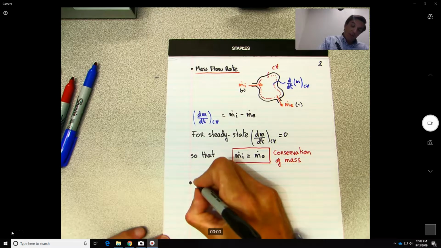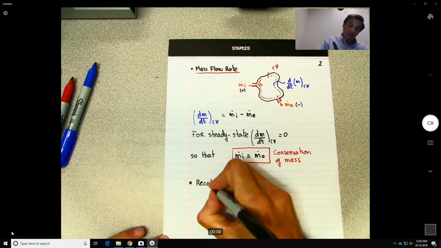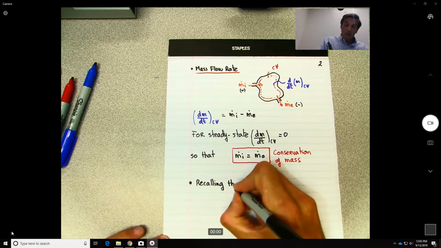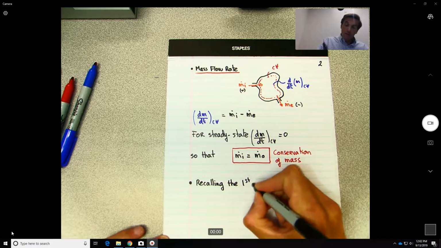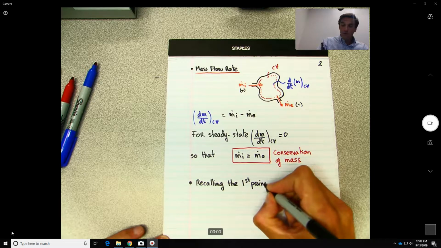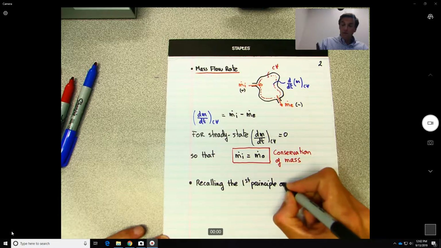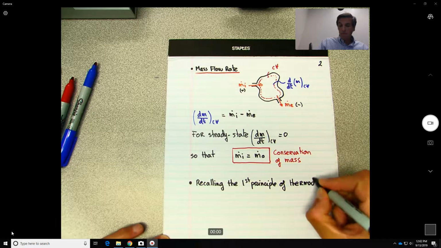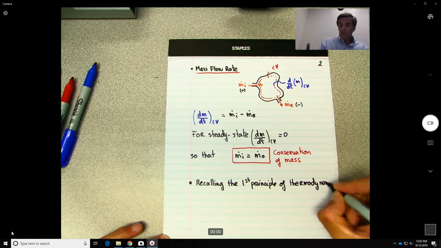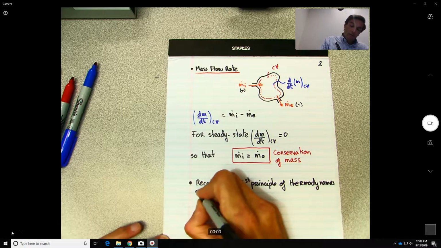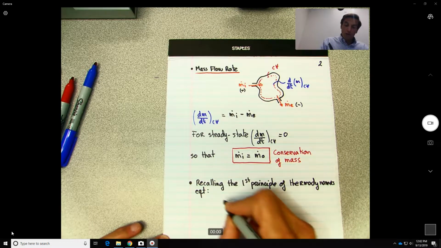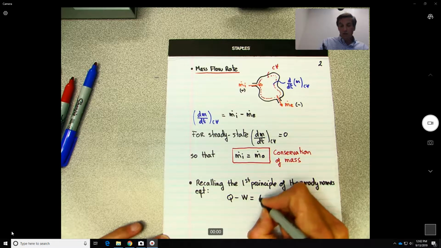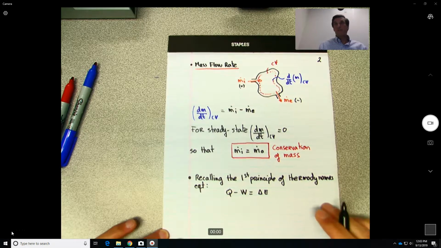So recalling the first principle of thermodynamics equation, what do we have? Heat minus work equal change of energy.